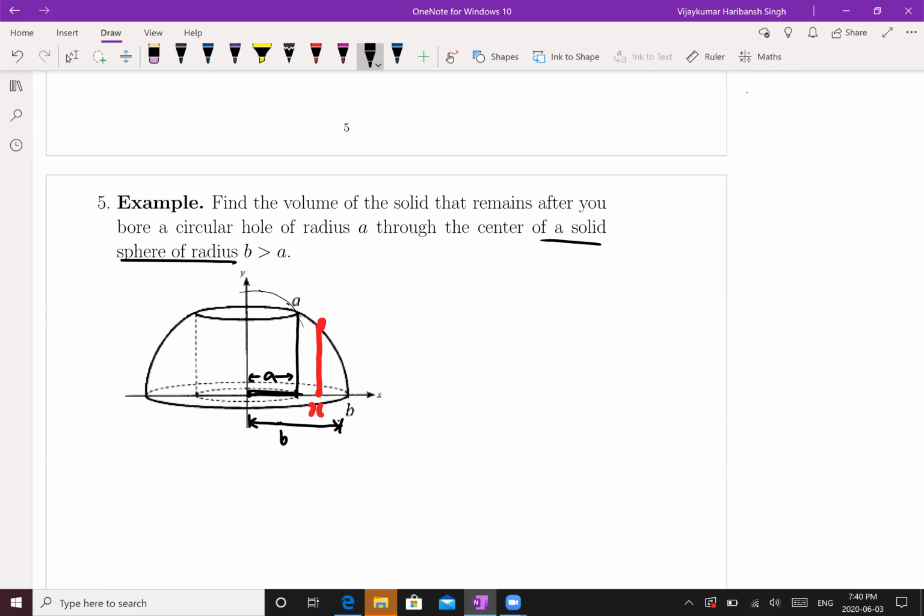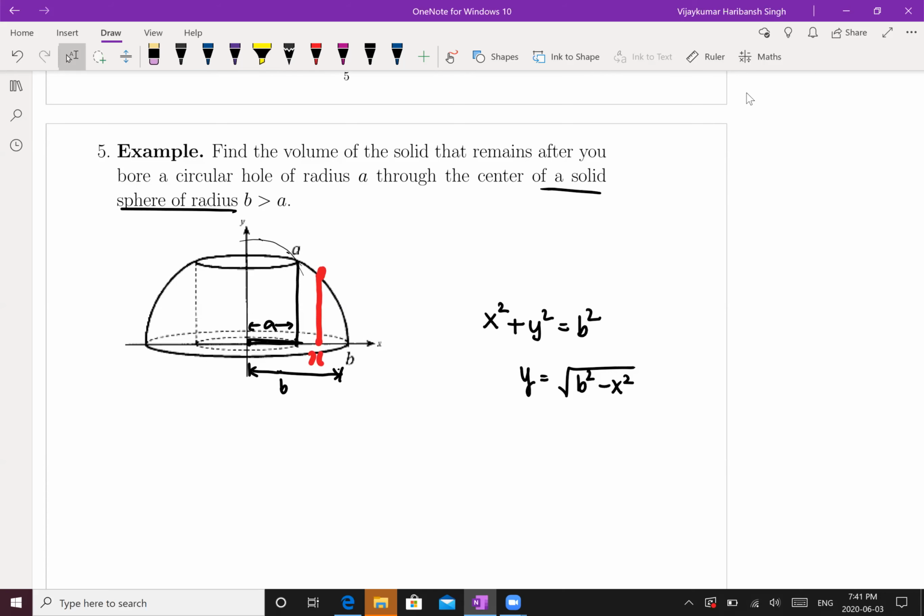Now we need to find a connection between y and x. So again, in this case, you'll be given by x squared plus y squared equals b squared. And then you get y equals square root of b squared minus x squared, with a plus or minus sign, but we are considering the upper part only. So we have y equals square root of b squared minus x squared.